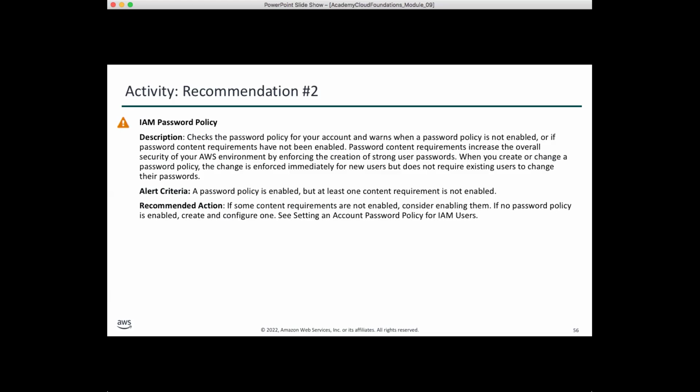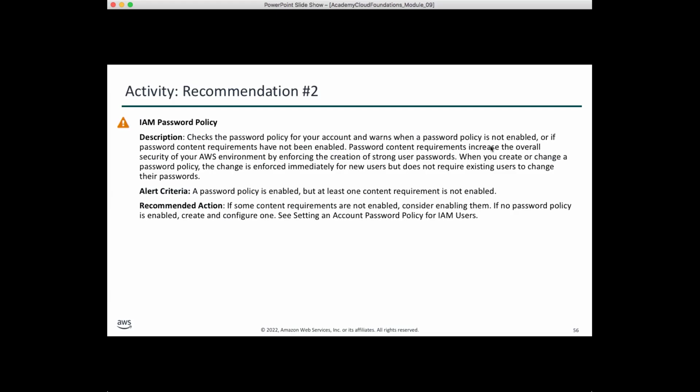So here, IAM password policy, right? What is the problem? The problem is a password policy is enabled, but at least one content requirement is not enabled. Description: checks the password policy for the account and whether password content requirements have been enabled.